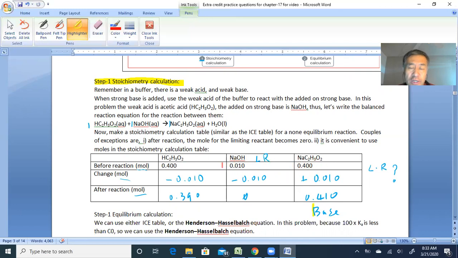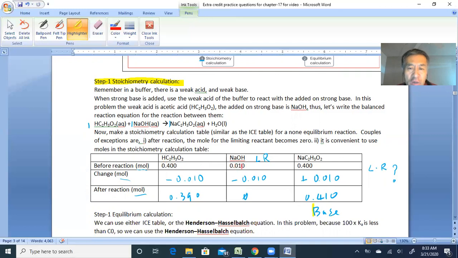First you find out who is the limiting reactant, which we abbreviate as LR. We know these two reactants react in a 1:1 ratio. If they react with a 1:1 ratio, it's easier to find the limiting reactant. The limiting reactant will have the fewer moles. So NaOH has fewer moles than the acetic acid.